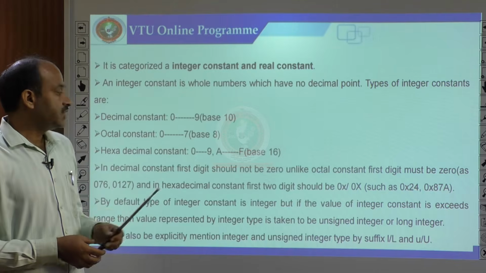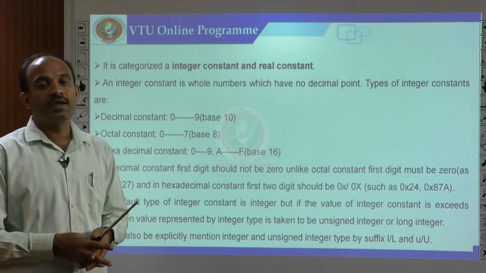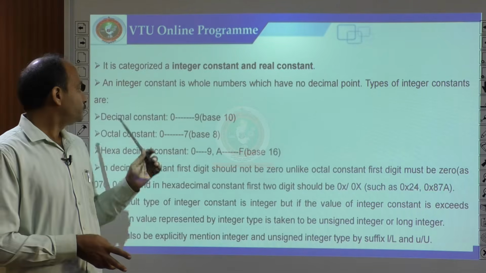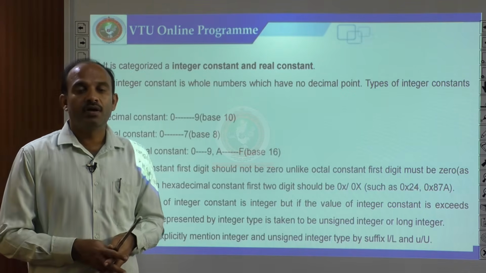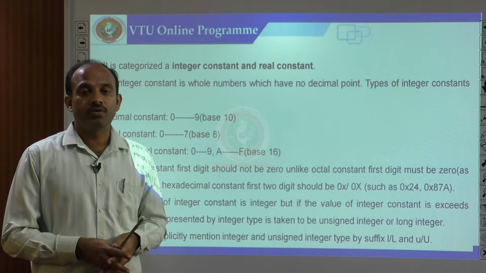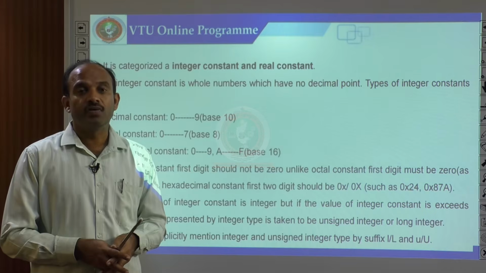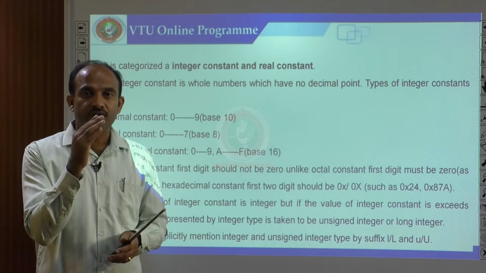In a decimal constant, the first digit should not be 0, unlike an octal constant, where the first digit must be 0, because it is a representation of 3 bits.